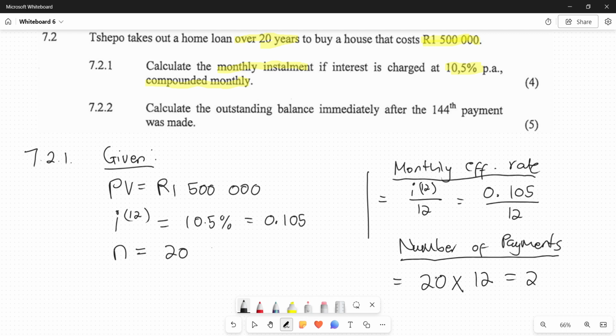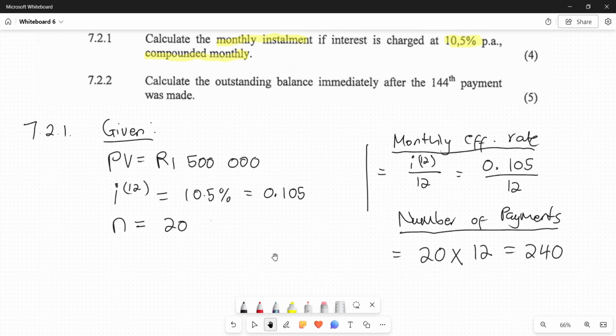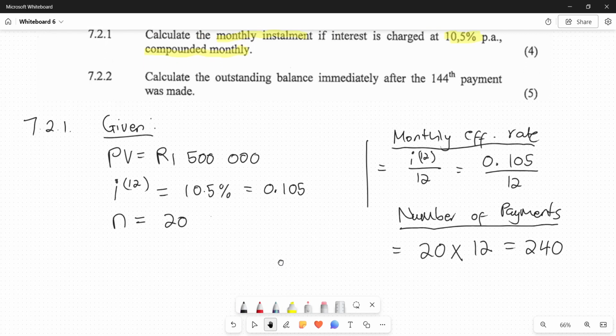This will give us 240. So we have a total of 240 loan installments.